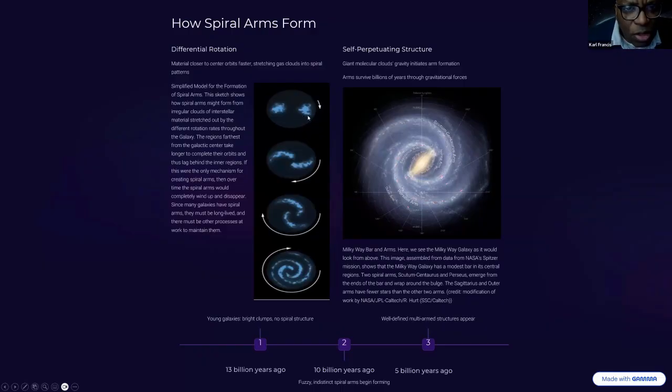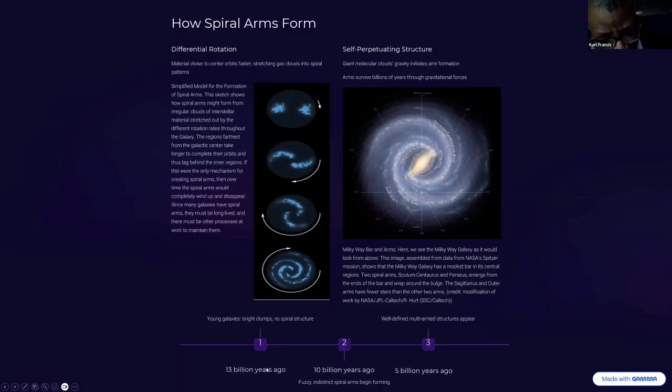You start off with just these little blotches of light in here. As the spinning continues, right, and they come close to the center, they start to get stretched out, and you start to notice a little bit of spiral shapes forming. And then on the third one, you see them even more developed. And finally, you see a situation here where you have these well laid out spiral patterns.